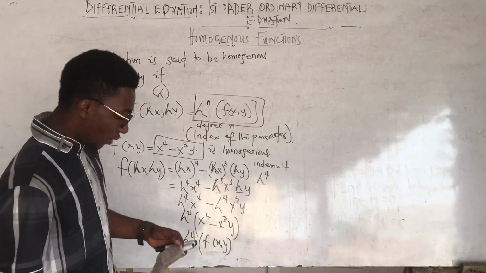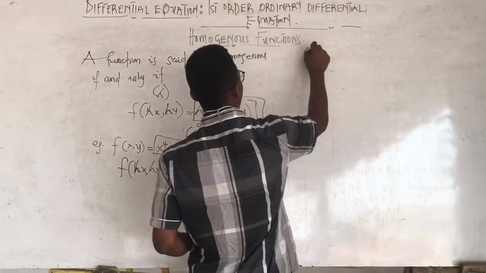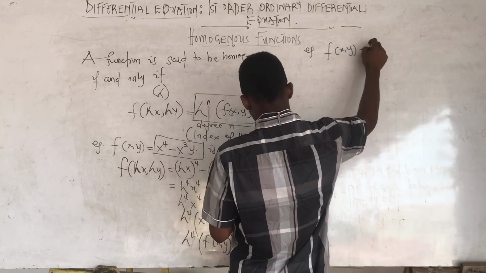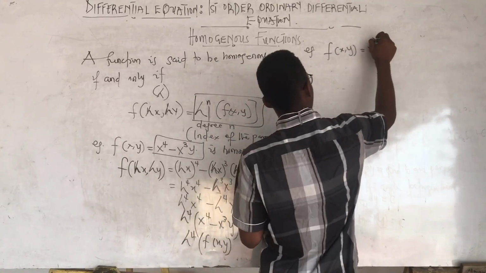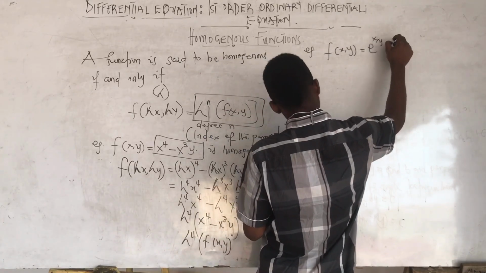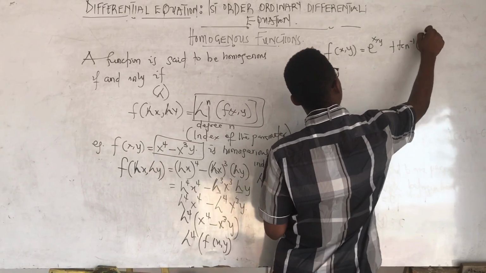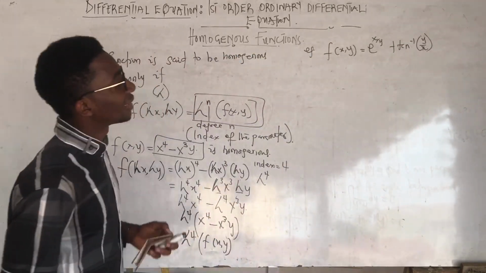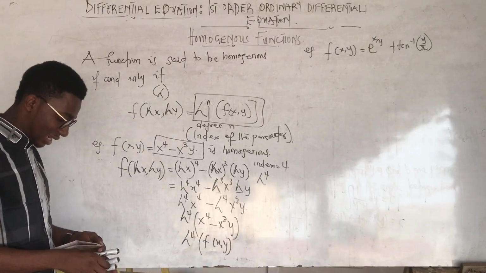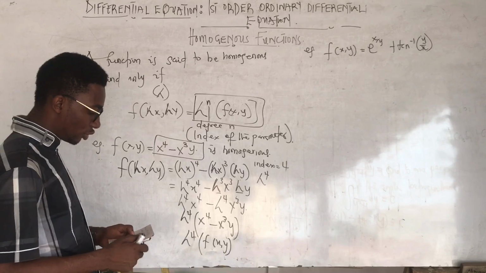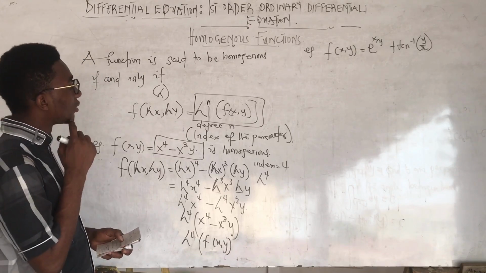Alright, let's verify another one. We have f of x, y equal to e exponent y on x plus the tan inverse of y on x.